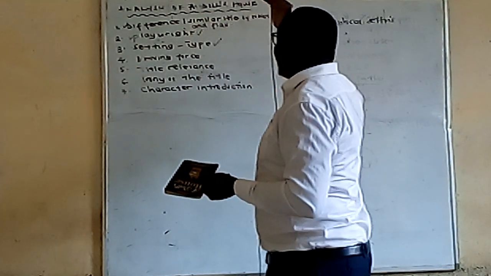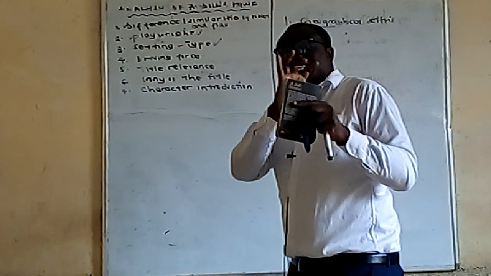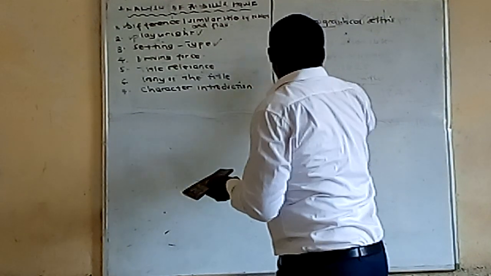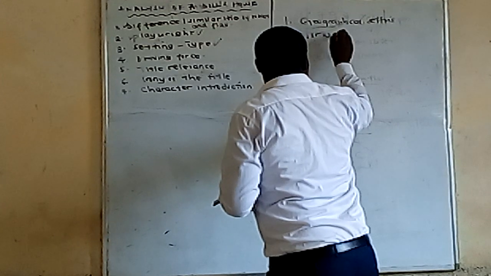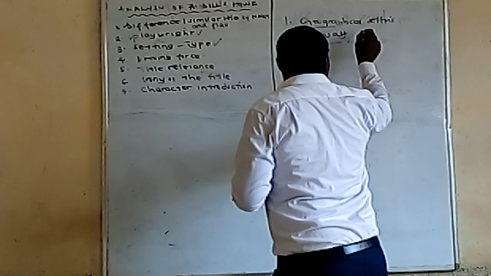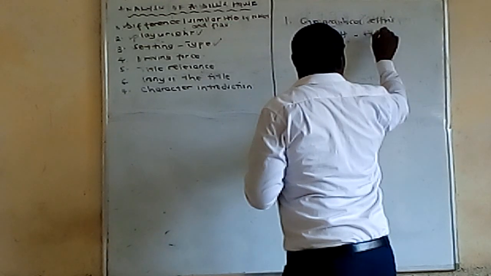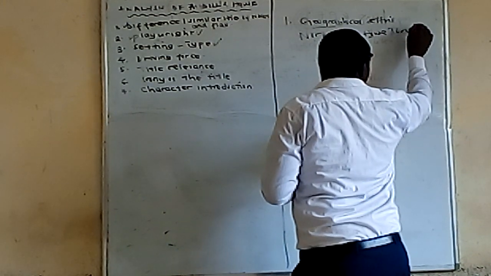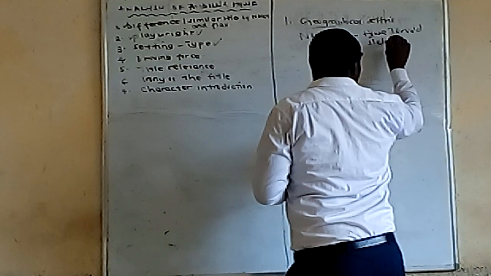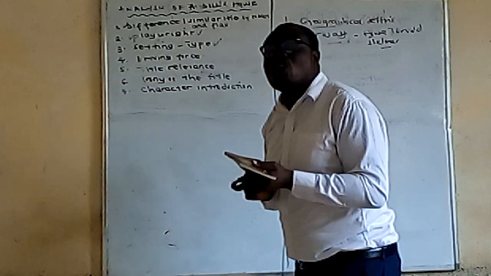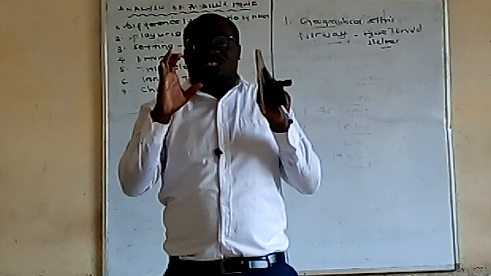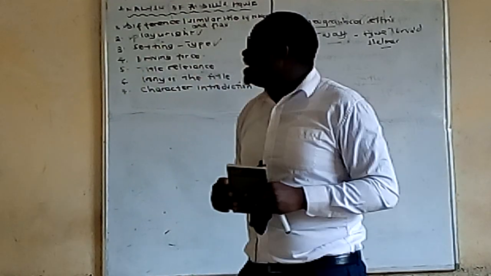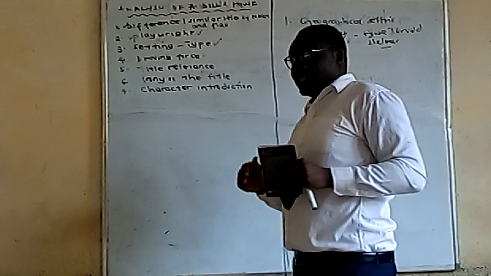This person was born in Norway, and the setting as far as the events of this story are concerned is in Norway, in the house of Torvald Helmer and his wife Nora Helmer. That is the geographical setting.